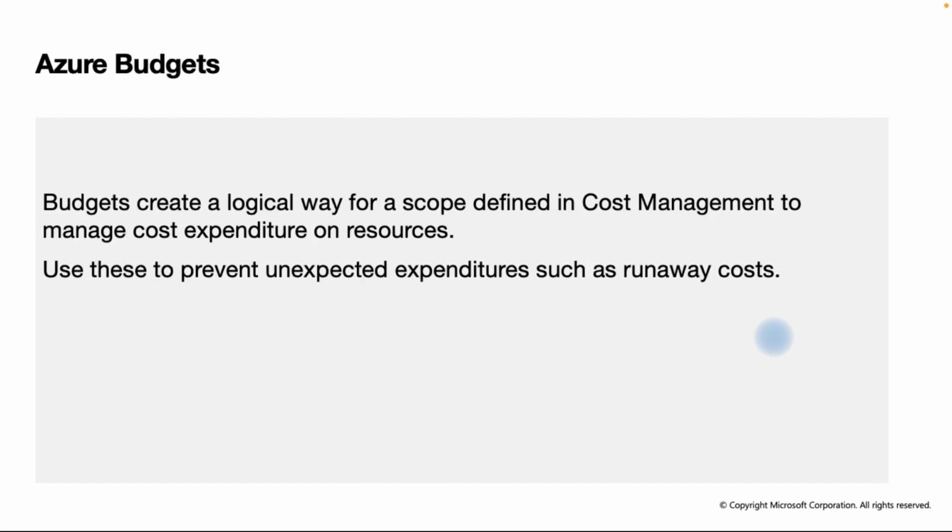So Azure budget creates a logical way to define scope and manage the cost expenditure on the resource. Use it to prevent unexpected expenditure such as runaway cost. For example, you can create one budget in the Azure portal, say for $100. This month we need to spend only $100. If it goes above $100, we need to get an alert.